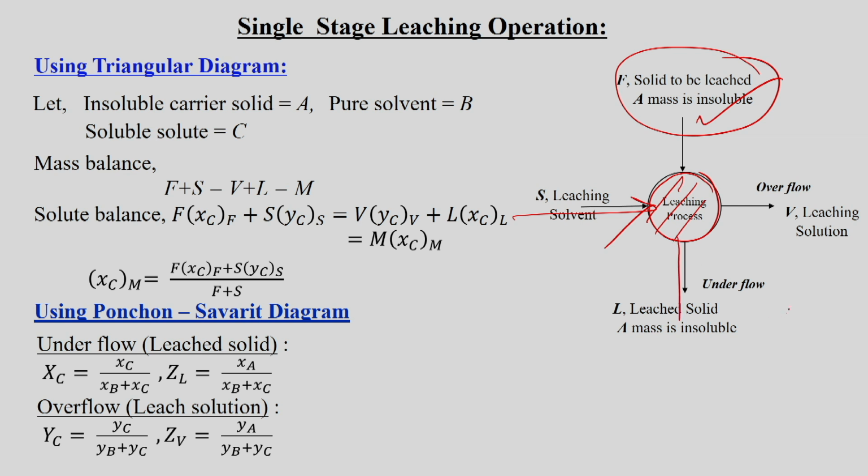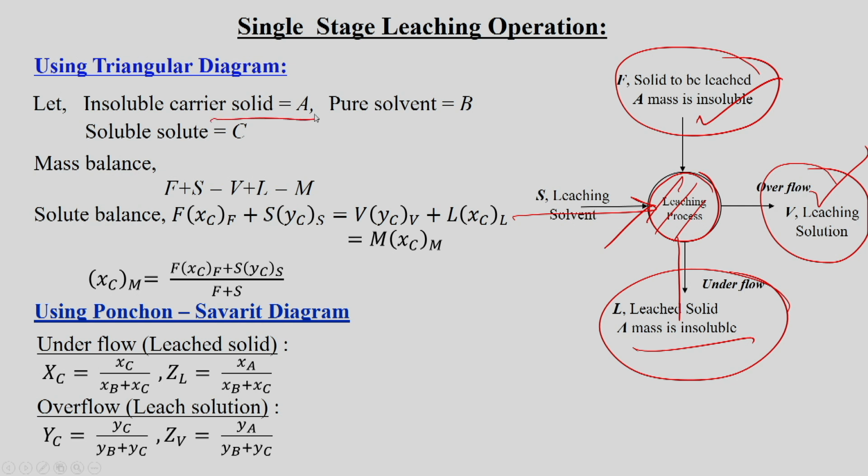Then the underflow will be there, where the inert comes with a small amount of the target component, say C, and the overflow will be there, which is actually our interest. The insoluble carrier A is equivalent to the carrier solvent in the liquid extraction process, then pure solvent is added as the extracting solvent, and the soluble solute is the target component present in the inert.